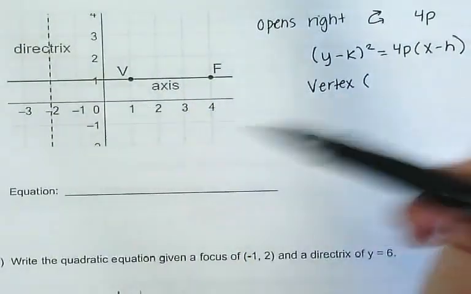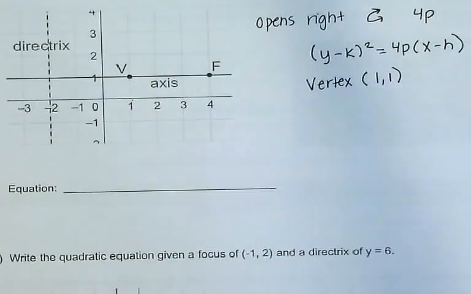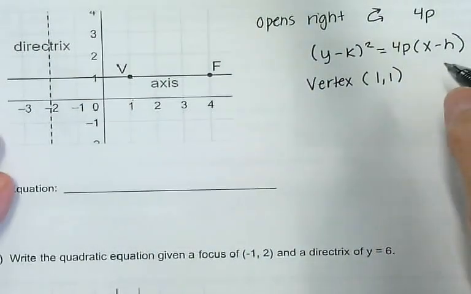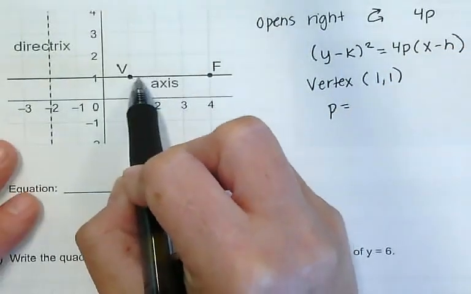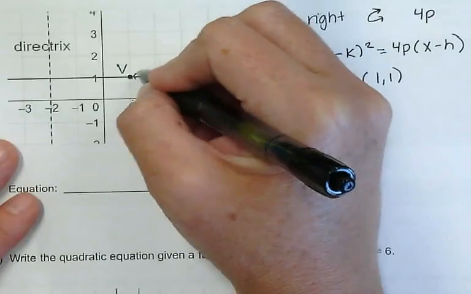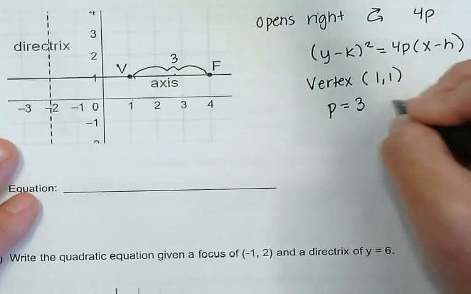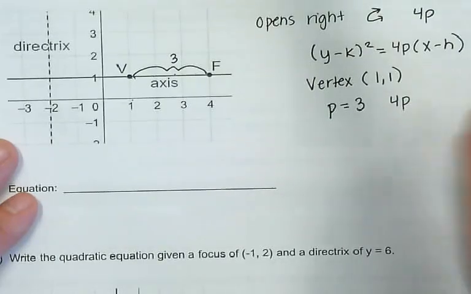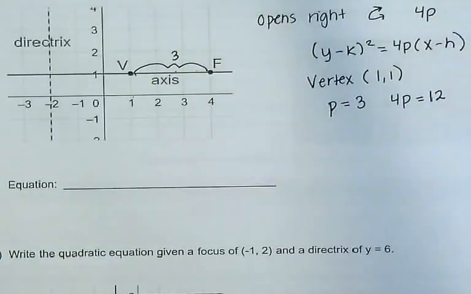Now, the graph already gave me my vertex at 1, 1. So my value for p, from your vertex to the focus, is a distance of 1, 2, 3. So p is 3. So 4p, 4 times 3, is 12.